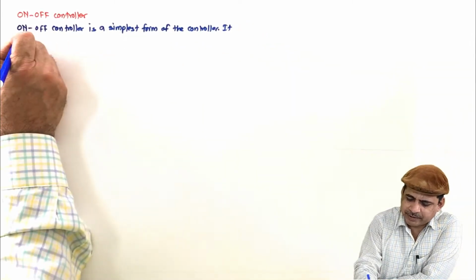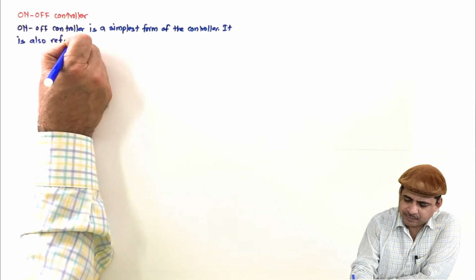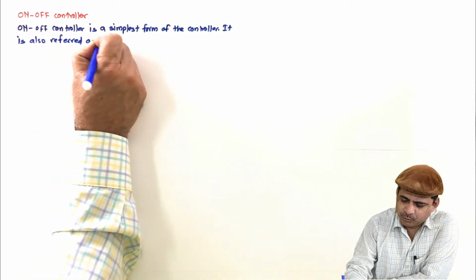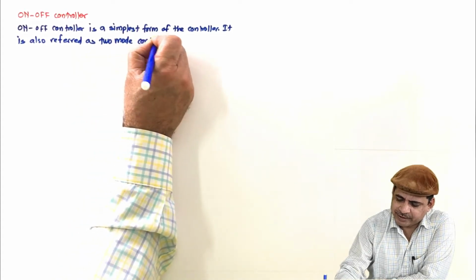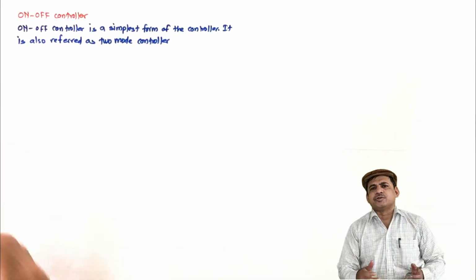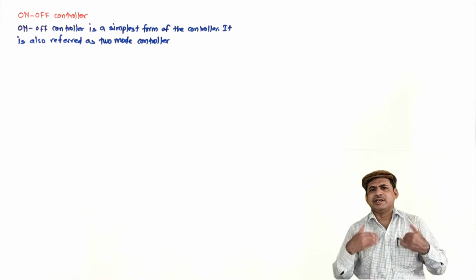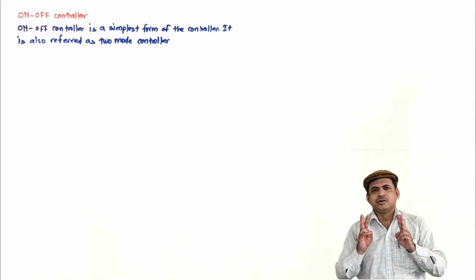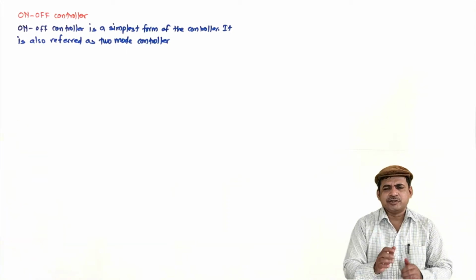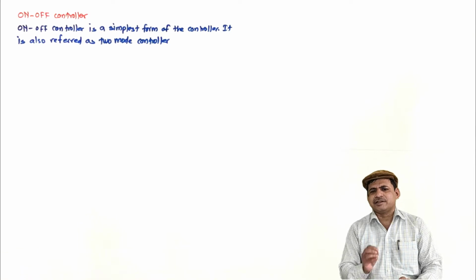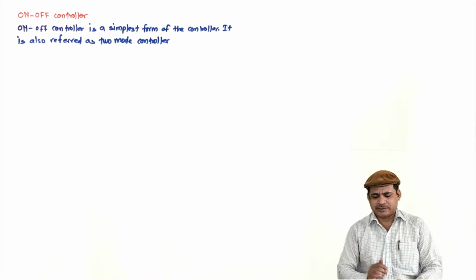It is also referred to as a two-mode controller because it has only two possible outputs, either 0 or 100, or in general either minimum or maximum. There are only two points, so that is why it is called a two-mode controller, and it is used only when its disadvantages are tolerable. It has many disadvantages compared to its advantages.